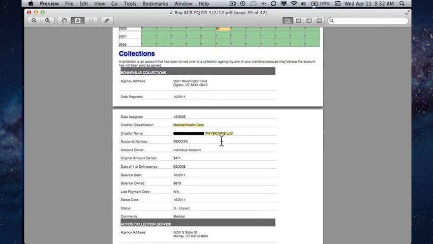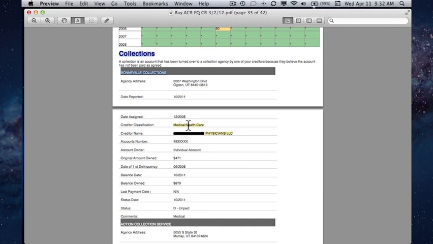The next section is the collection section, and it shows who the collection agency is and what the account is. This is a medical or healthcare classification. The classification is important because if this was a collection account for a charged off credit card, then for CreditSense clients, you would want to optimize that card and put it into the appropriate worksheet and table so that you would be able to count when it should be deleted.